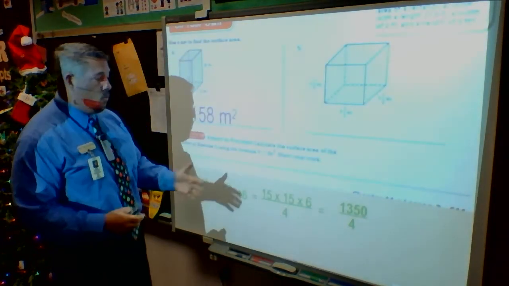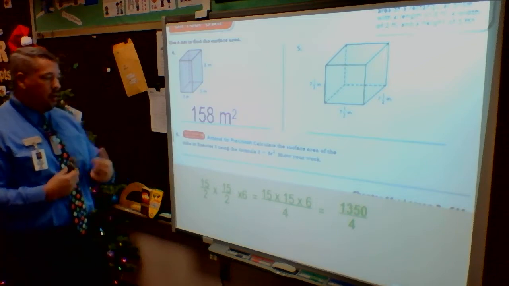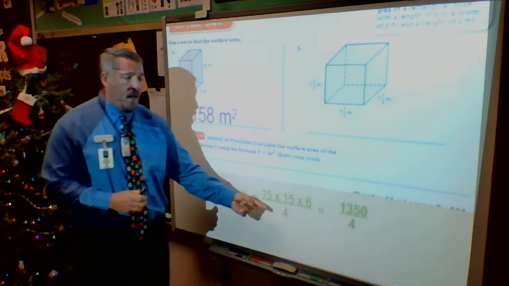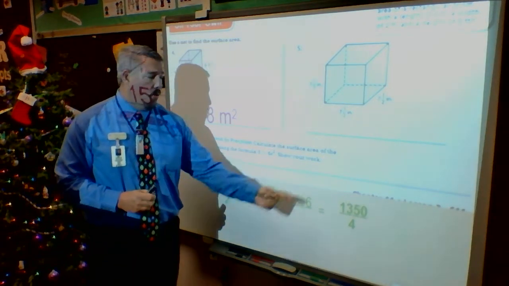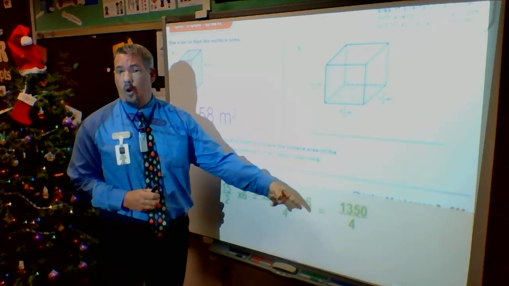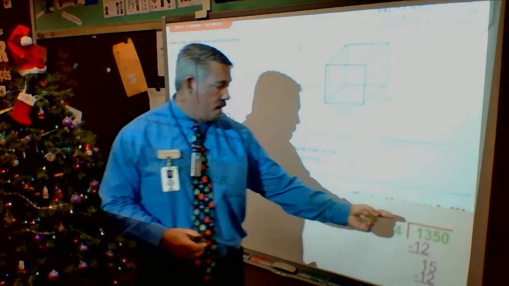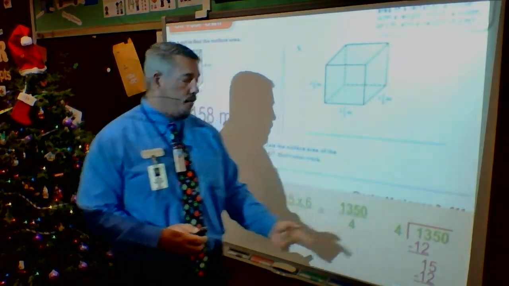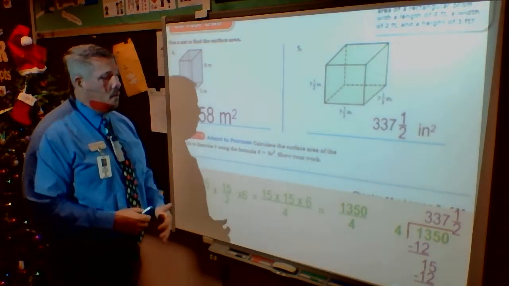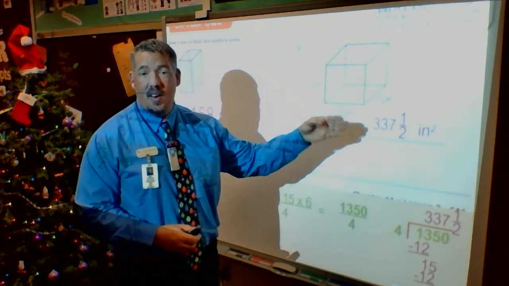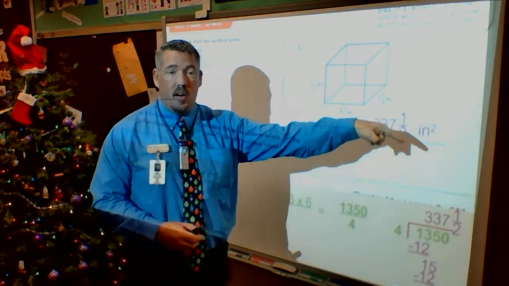It's a big number. I wouldn't expect you to be able to do that mentally. I don't do that mentally. But then I have my denominator of 4, and once again that mathematically tells me to do what? Divide, right? So inside my division box I have 1,350 divided by 4, and when I divide it through, I get 337 1/2 square inches.